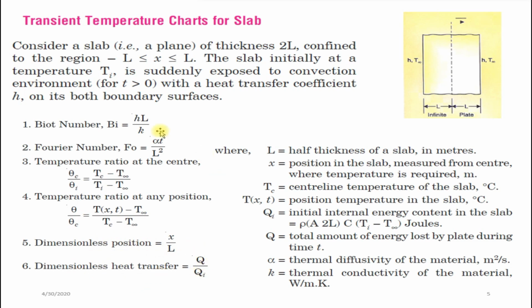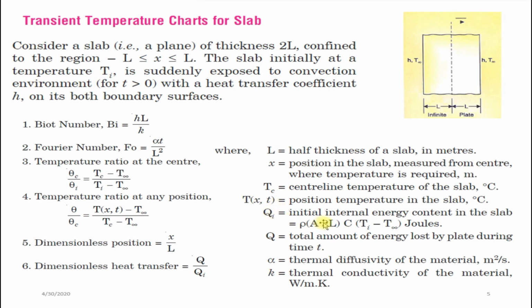These 6 parameters will come into the picture when we solve problems on the slab, where L is the half thickness of the slab in meters, x is the position in the slab, and Tc is the center line temperature. In some textbooks they use T0 as the center line temperature. T of x comma t, or simply T, is the temperature at any position.